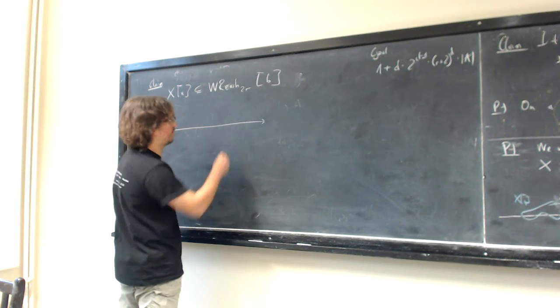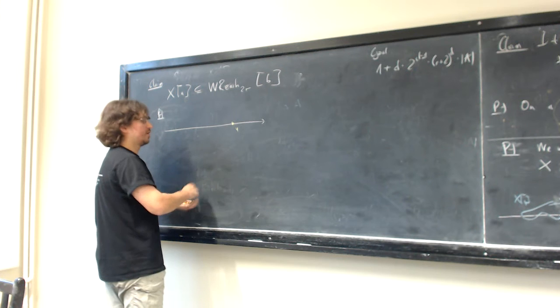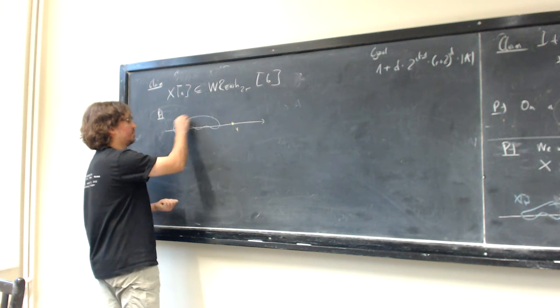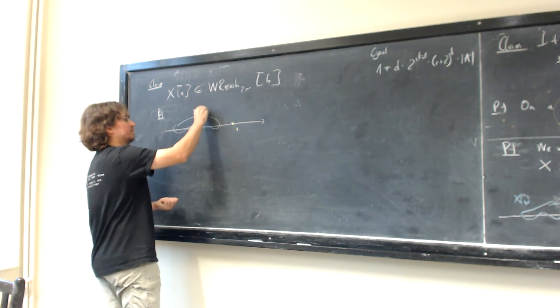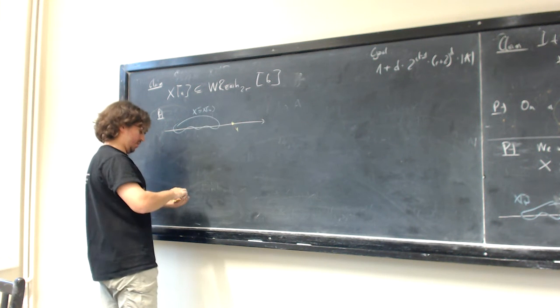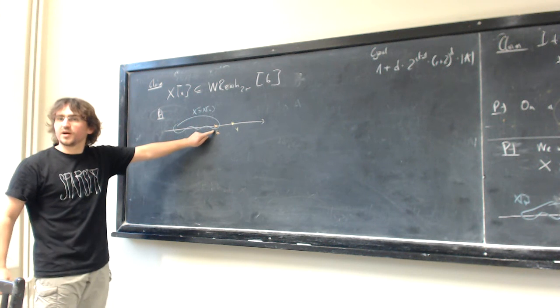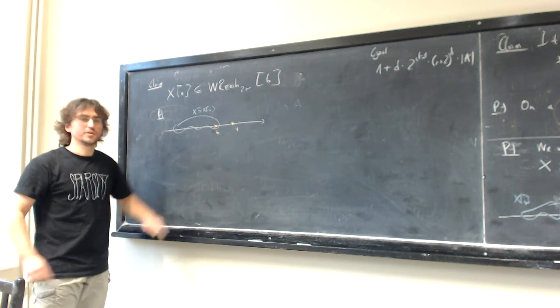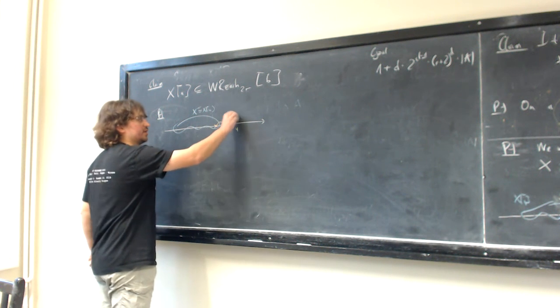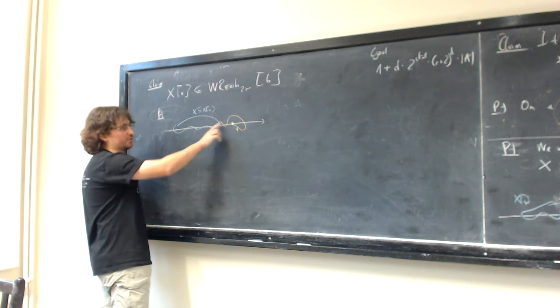Here is my vertex u. Here is my local separator X of u. Here is my vertex B. Now all these vertices are weakly r reachable from u, so I can draw a path looking like that, only to the right of B.